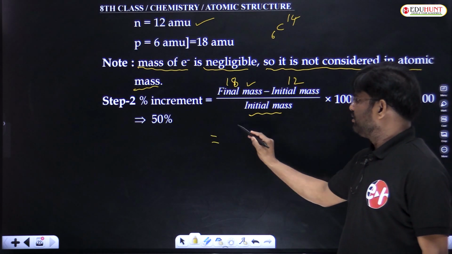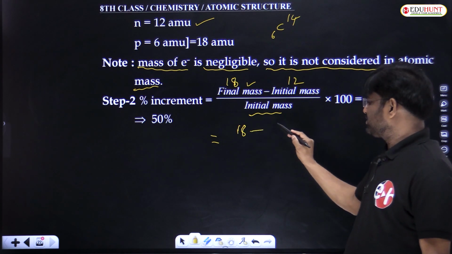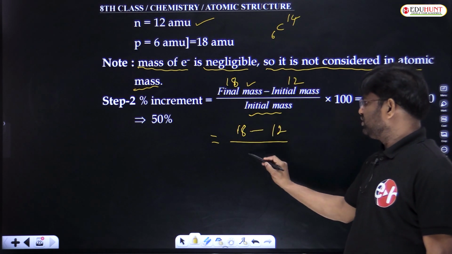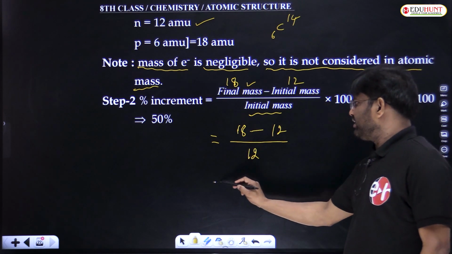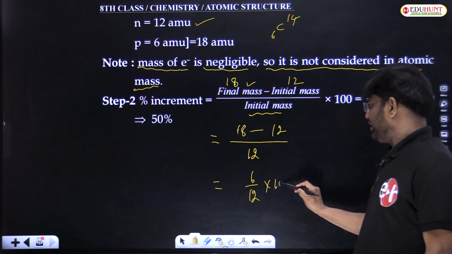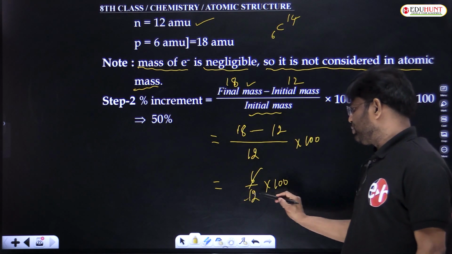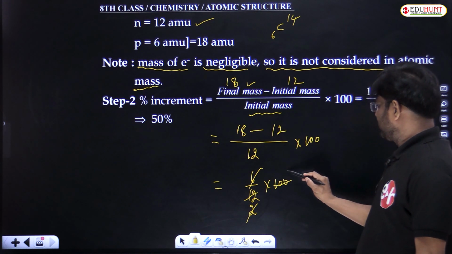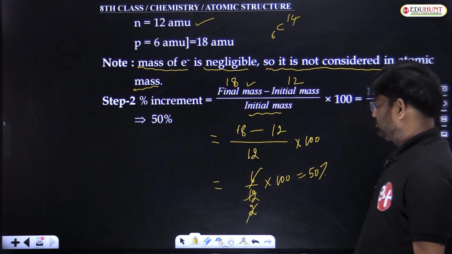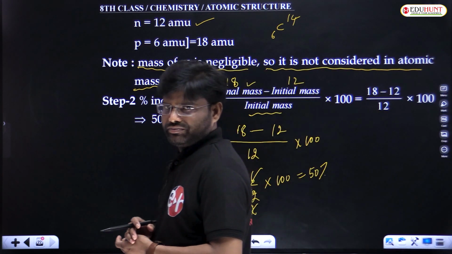So 18 minus 12, the final mass minus initial mass, divided by initial mass. So 6 by 12 into 100. So 1 by 2, which becomes 50%. So the answer is this. Understanding the concept completed.